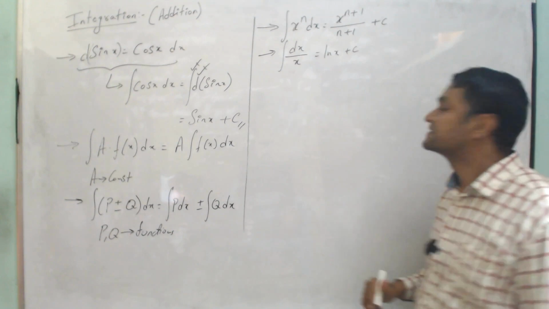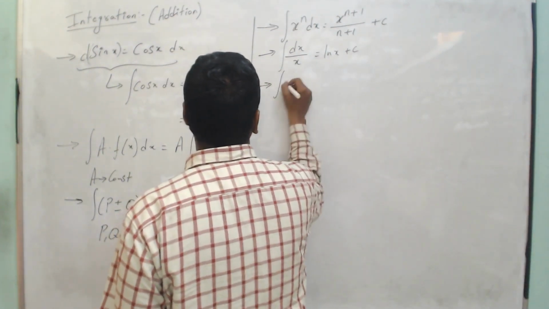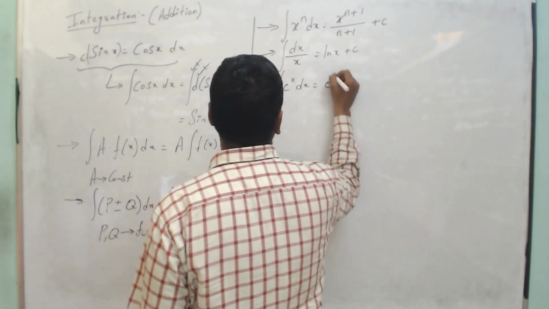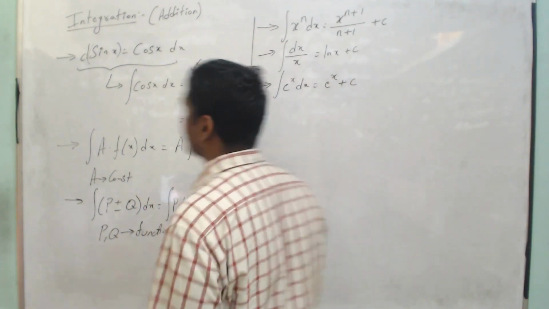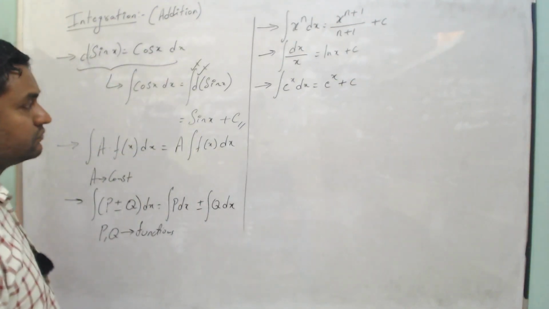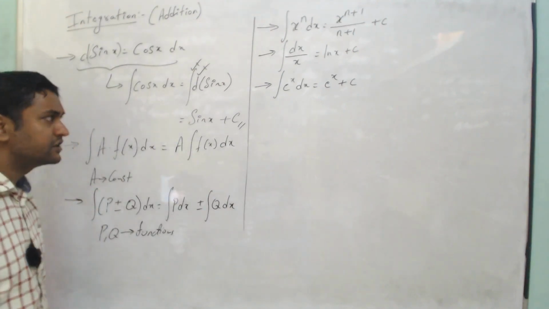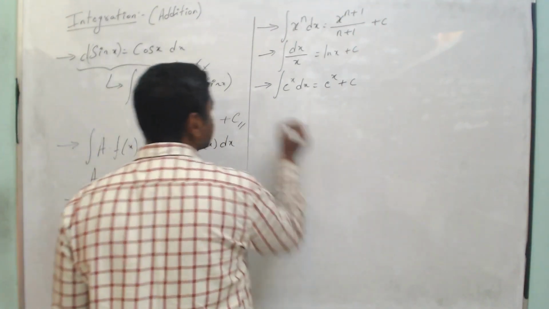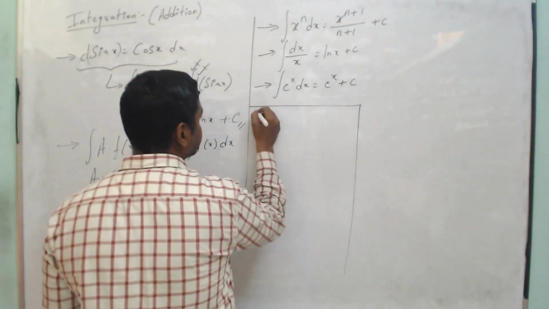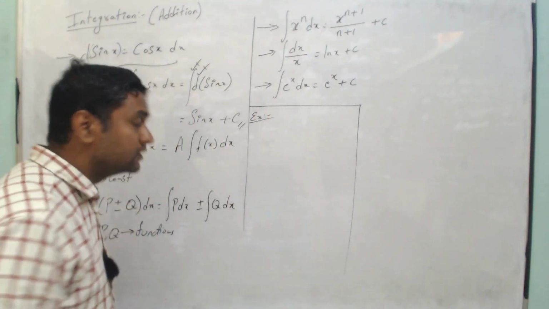Similarly, the integral of e power x dx is e power x plus c. Just like in differentiation, in integration also we have formulas. Now let us solve a few examples on the formulas that we have discussed.